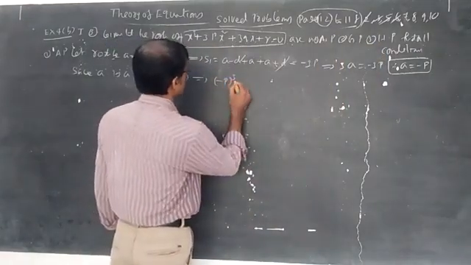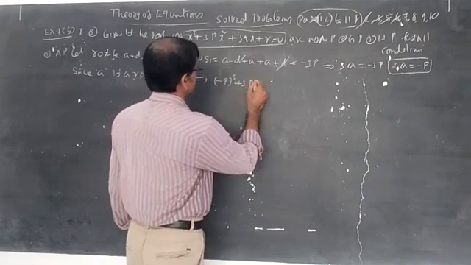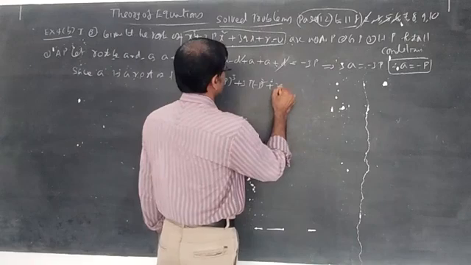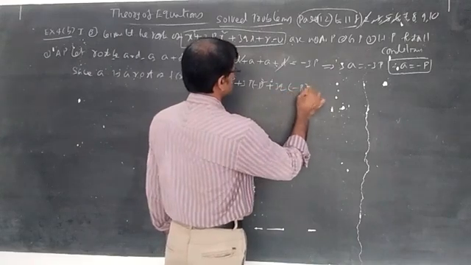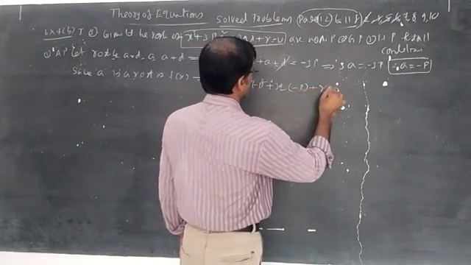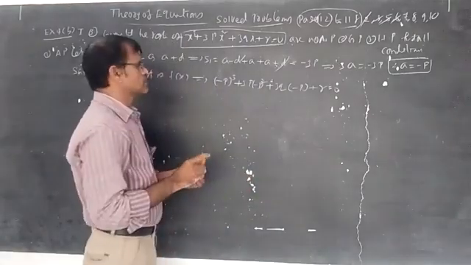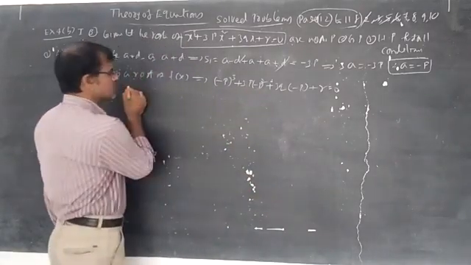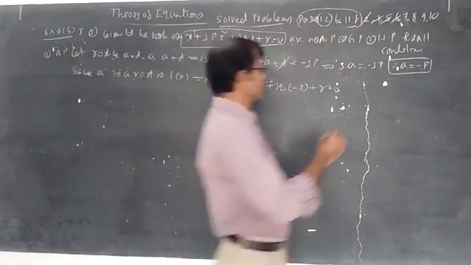Here you can write minus p cube plus 3p into minus p whole square plus 3q into minus p plus r equal to 0. So it becomes minus 3pq plus 3p cube, and 3p cube minus p cube gives 2p cube.